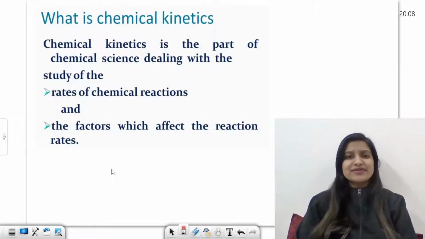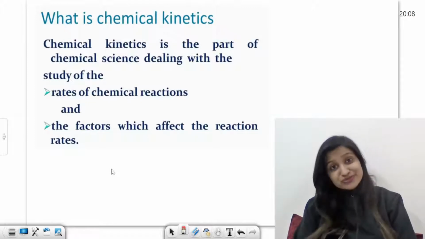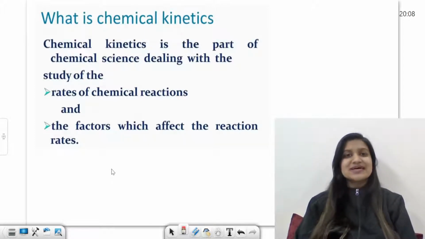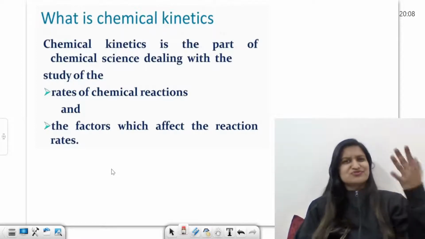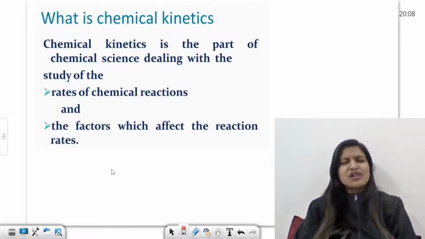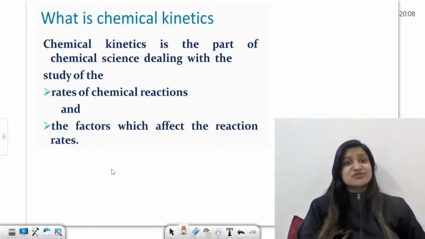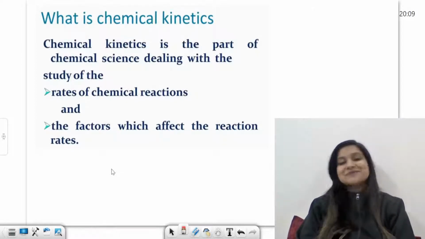The very basic thing which I always feel is that students don't know the applications, the uses of whatever we are studying. They always say, ma'am, I have never used it in my daily life. Arey Baba, you use it all the time in your daily life. Whatever you are studying, these are very basic things, okay?